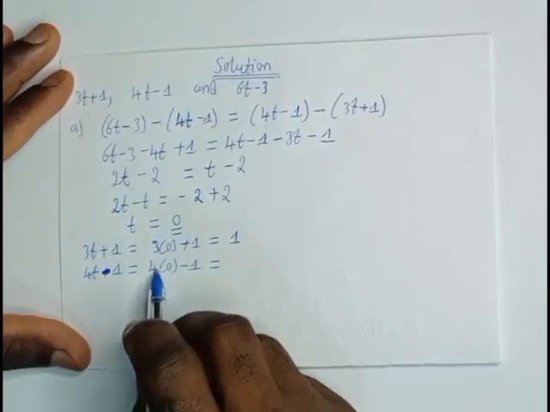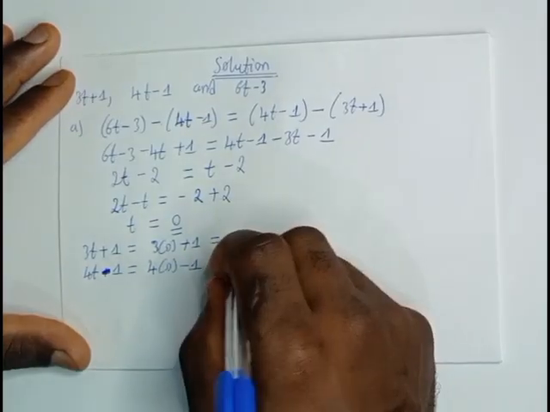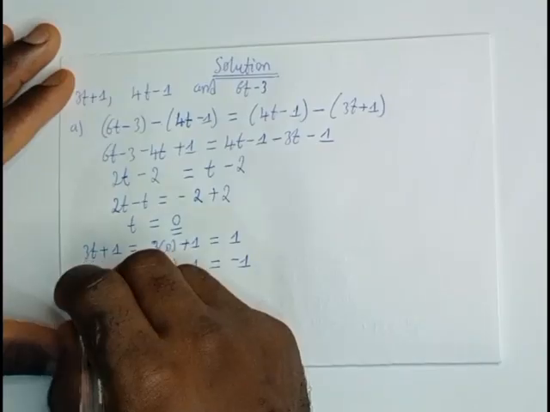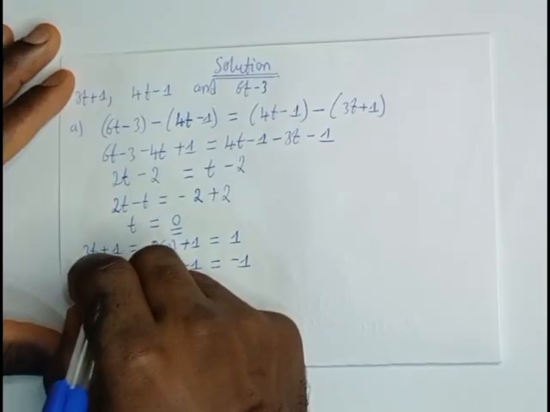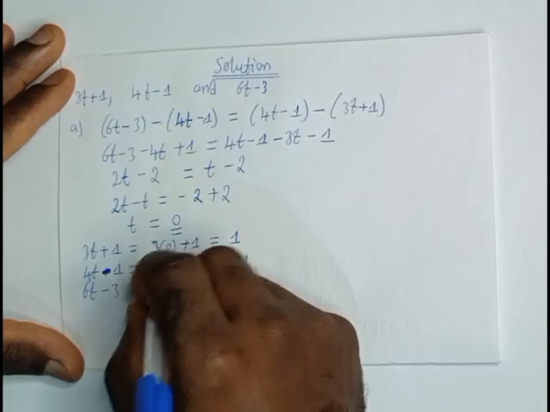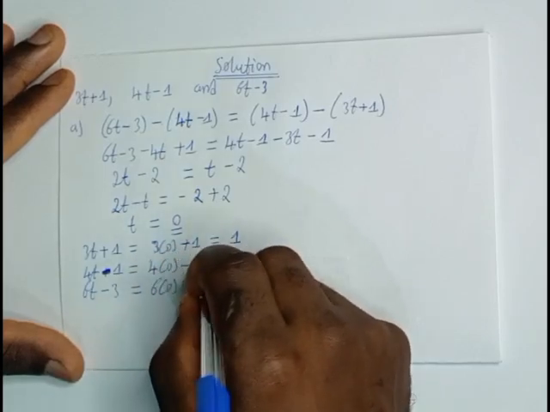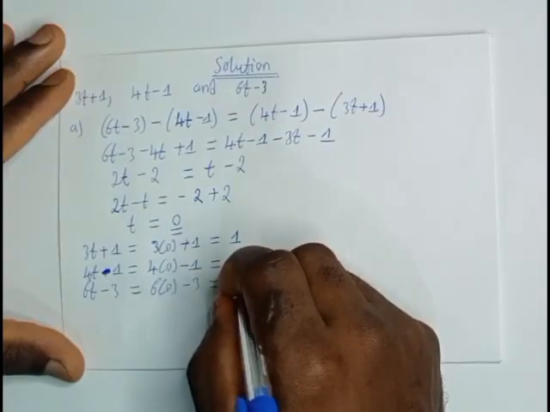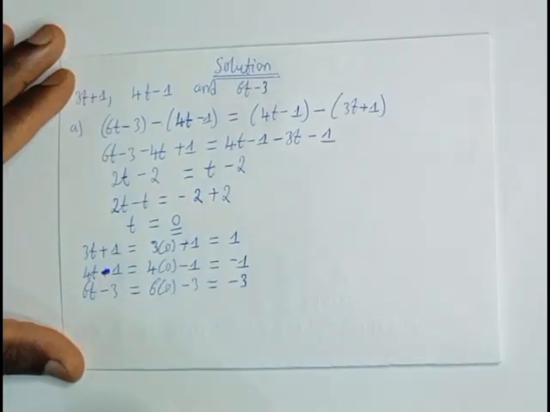And this will be equal to 4 times 0 gives 0 minus 1, negative 1. For the fourth term, we have 6t minus 3, and this will be equal to 6 times 0 minus 3. 6 times 0 gives 0 minus 3 gives us negative 3.